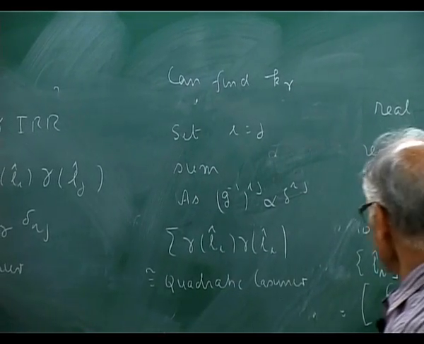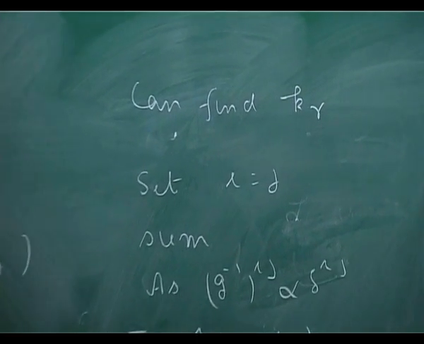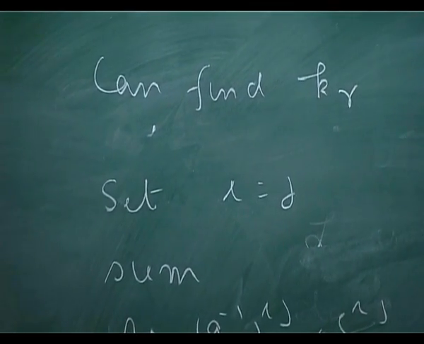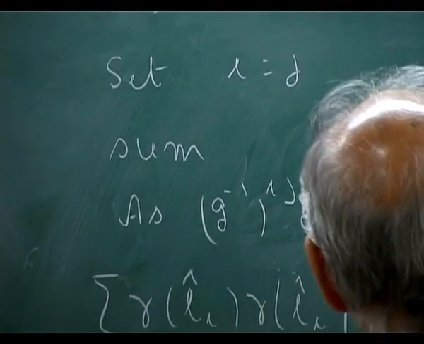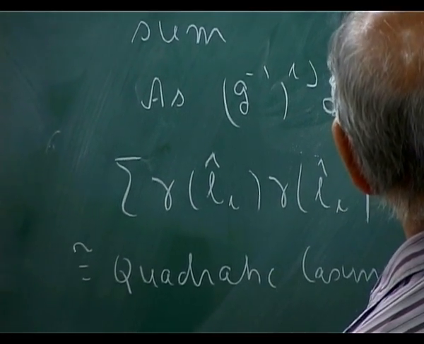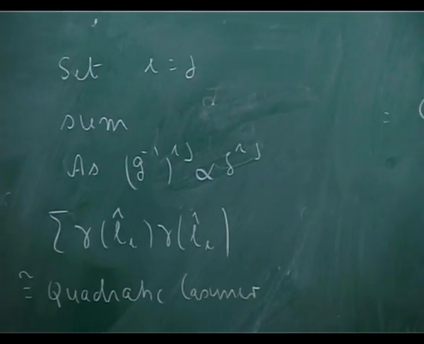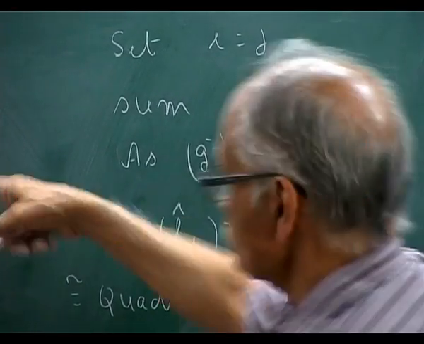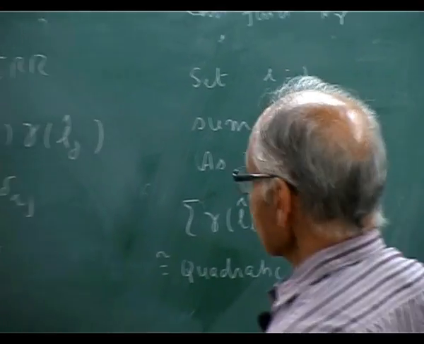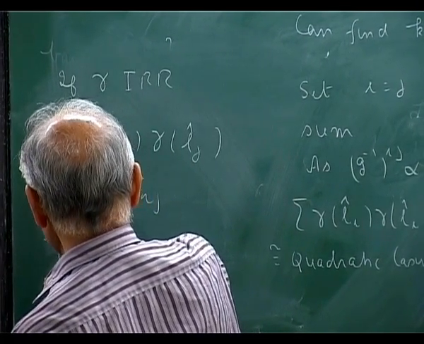Right? Yes. Because otherwise I would have put a g inverse, but g is 1. So this is equal to some quadratic Casimir in the representation gamma times the unit matrix. So I put it here. This is a trace in the representation gamma.